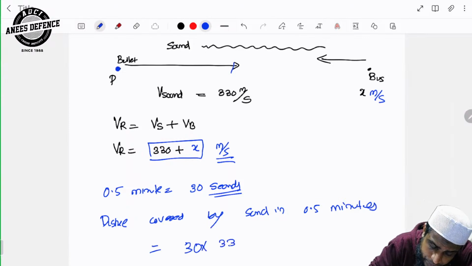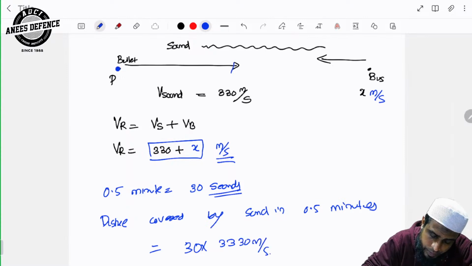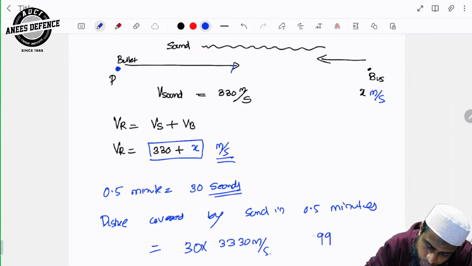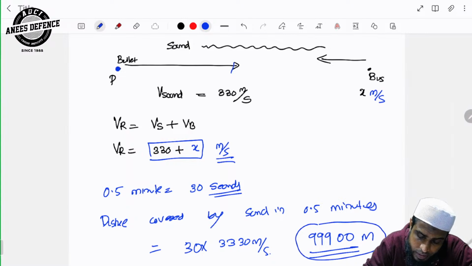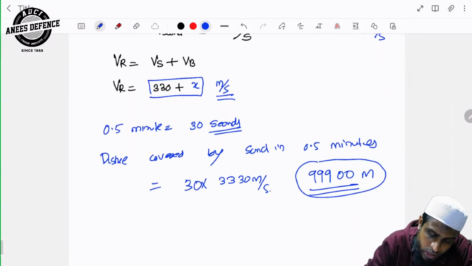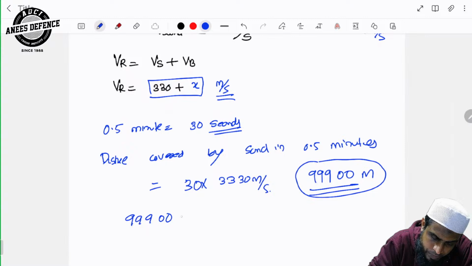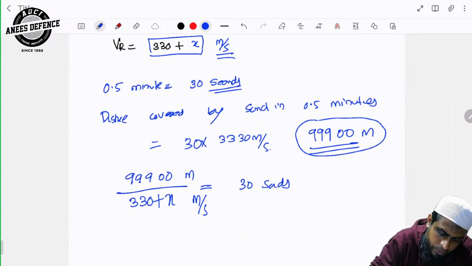So this much meters will be traveled by the sound. So relative velocity, this much distance divided by 330 plus x, this is the velocity, equal to 30 seconds.